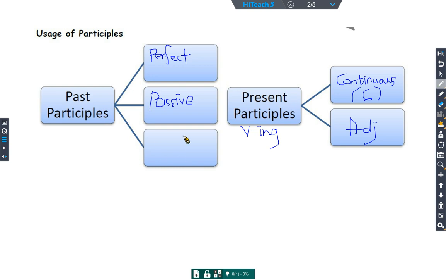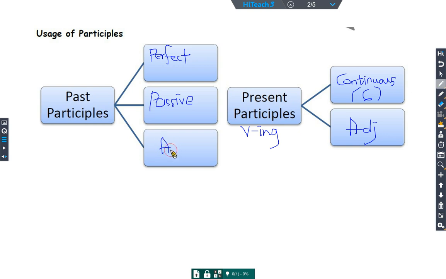Then, what is the third usage of past participle? For example, I say, the MCO is still continuing. I'm so bored at home. So, this word, bored. How do you use it? Yes, right.